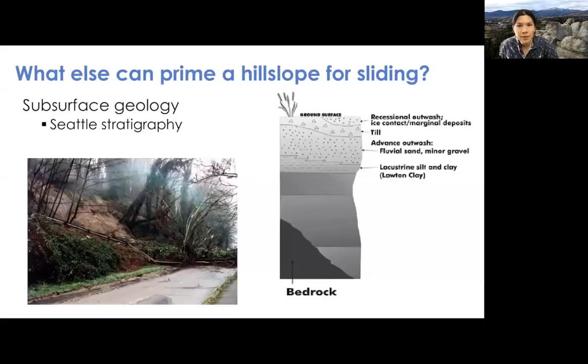Something else to think about that can prime a hill slope for sliding is the subsurface layers of the geology. So far we've talked about everything like the soil is all one type of soil. However, that's often not the case, and we may see stacked layers of soil or material that are all slightly different. Seattle, Washington is an example of an area like this, where if we dug a pit into the ground, we would see something like this stack here.